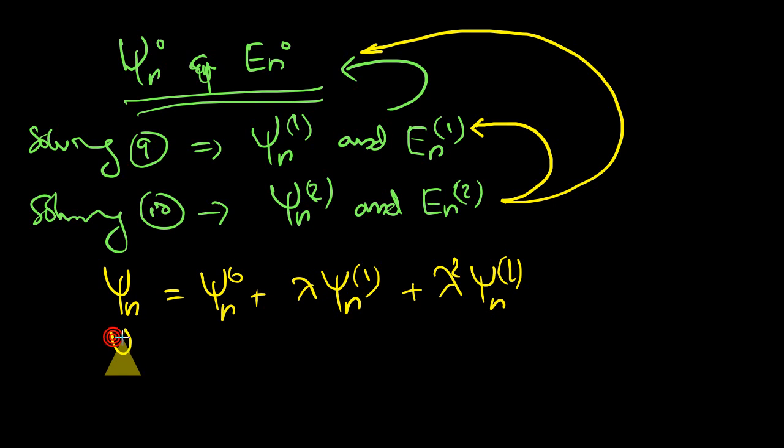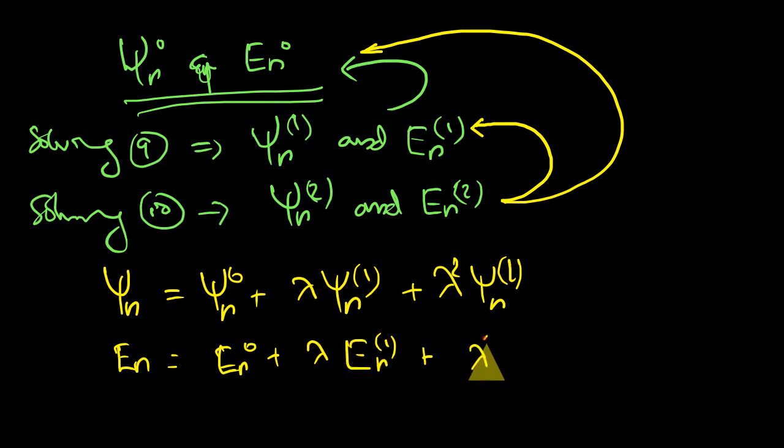And en is equal to en0 plus lambda en1 plus lambda square en2, right? We can write it like this.